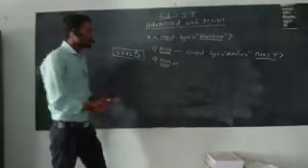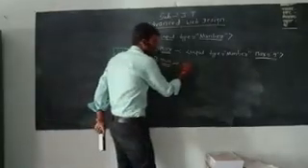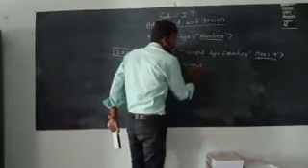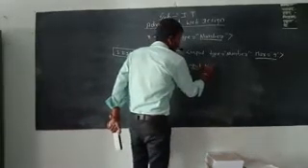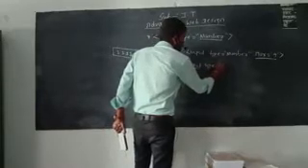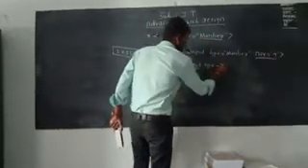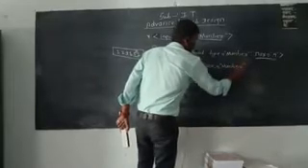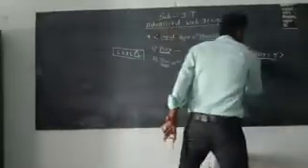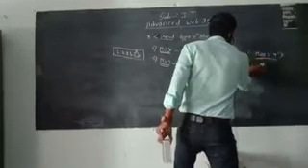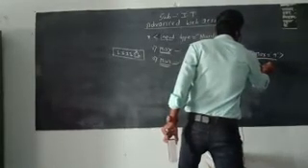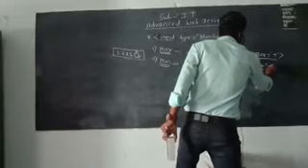If I set the input tag, our regular input tag, then type is an attribute. Our type is number, then the min attribute equals, I set the min attribute value, suppose 3.